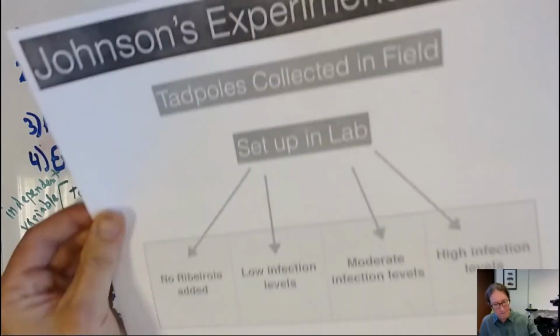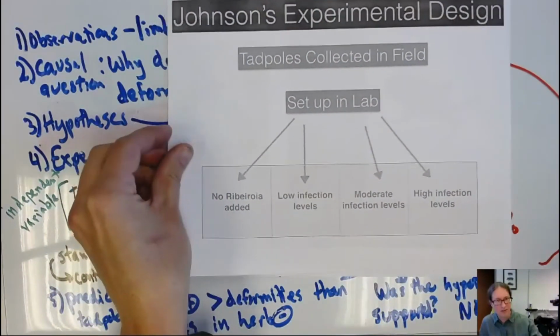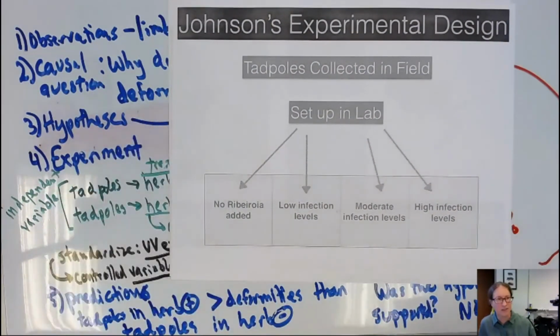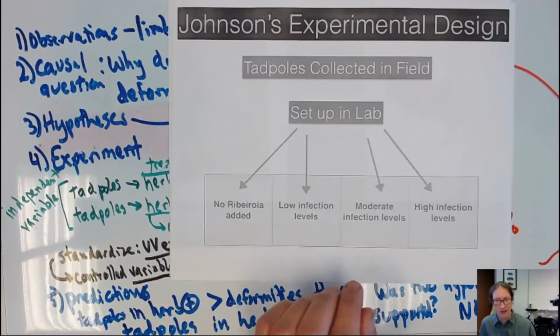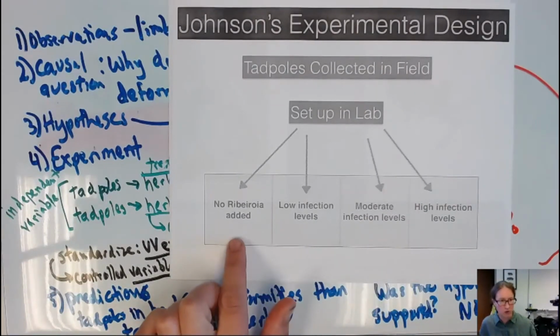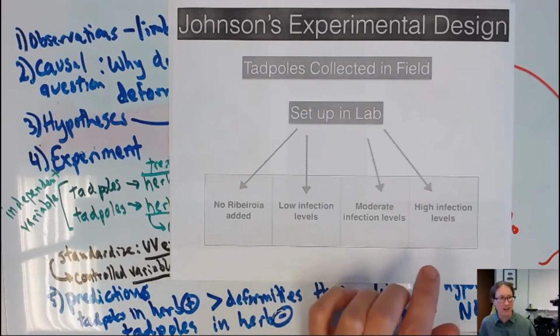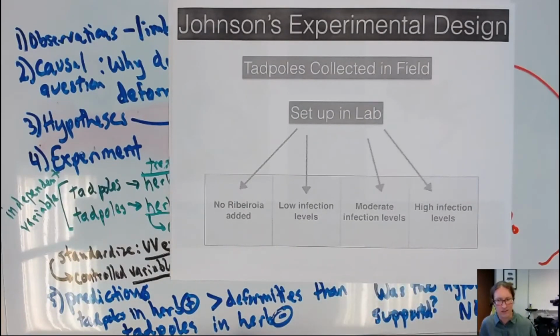Okay, so now just to give you another example of an experiment, here is Johnson's experimental design. He collected a bunch of tadpoles from the field and set them up in the lab. In this case, what I want you to notice is that he had four different treatment groups for his independent variable, right? He has a control treatment here with no Ribeiroia, and then he has low, moderate, and high infection levels for his experiment.